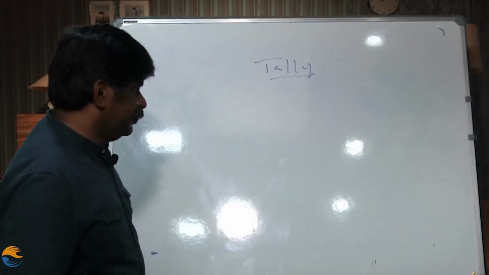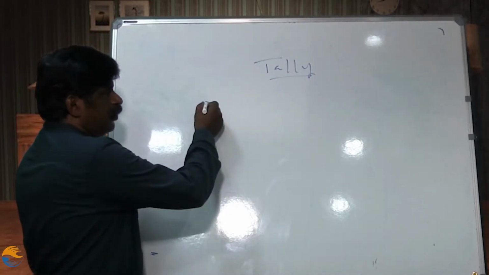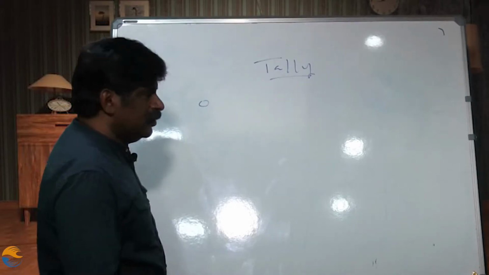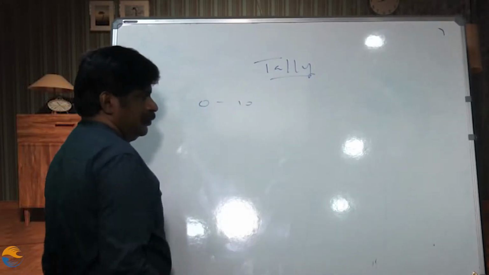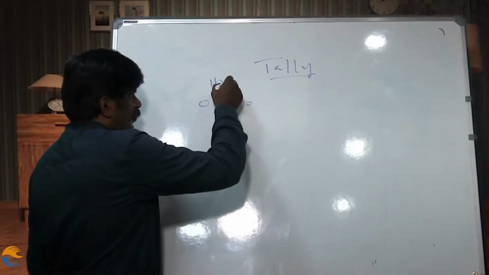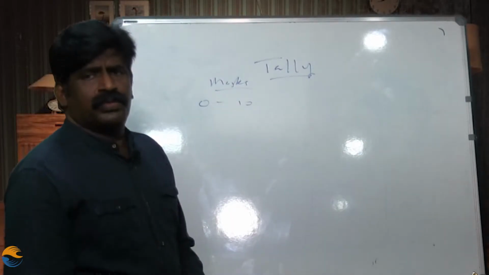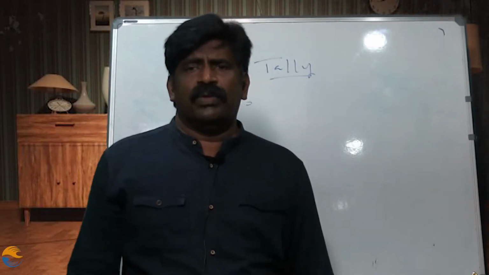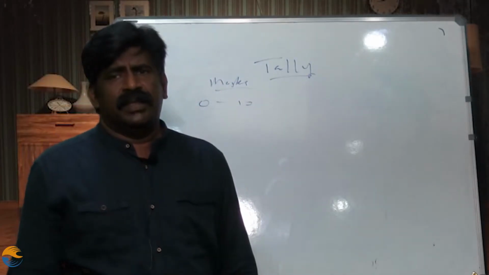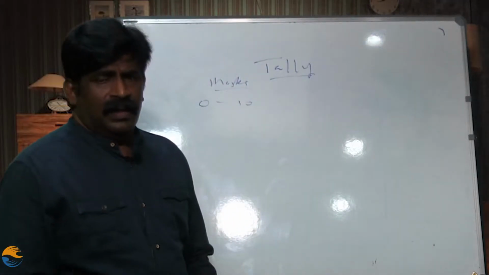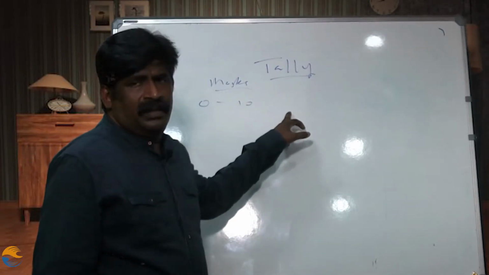For example, we have to classify the data into 5 categories, 0 to 10. It represents marks: the number of students who scored between 0 to 10, including 0 and 10, is to be accounted here.